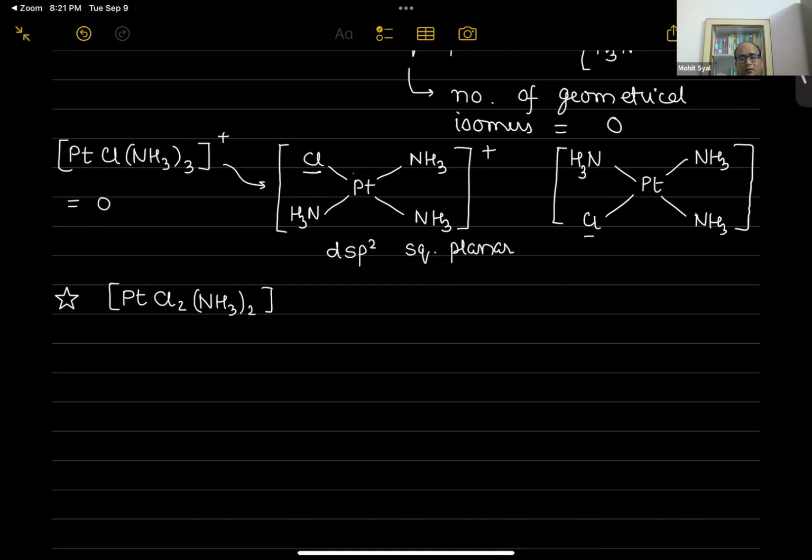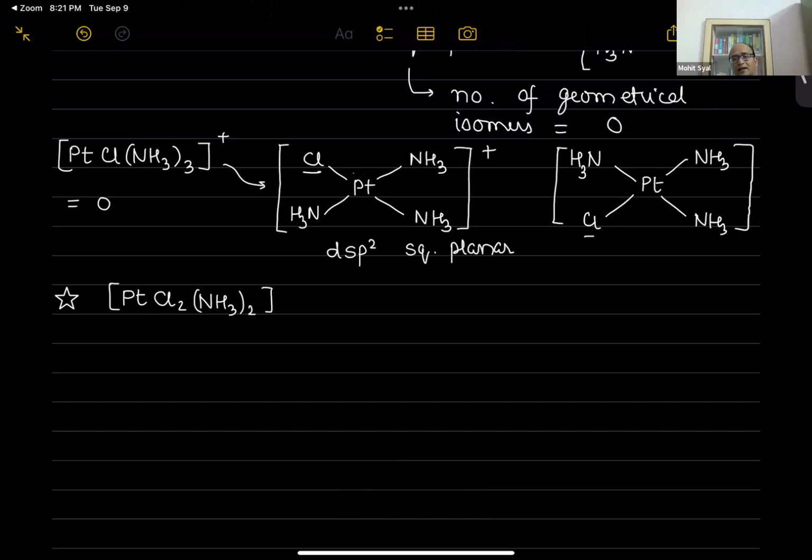What is the name of this molecule? Just try to recall, we have discussed it in the coordination compounds chapter. Tell me quickly. Cisplatin. Yeah, cisplatin and transplatin, exactly.